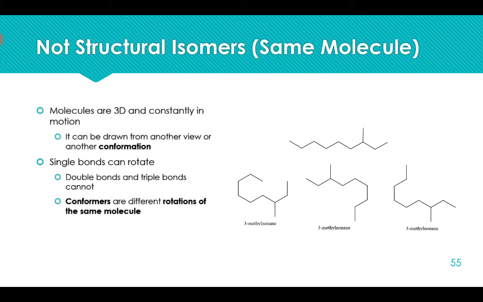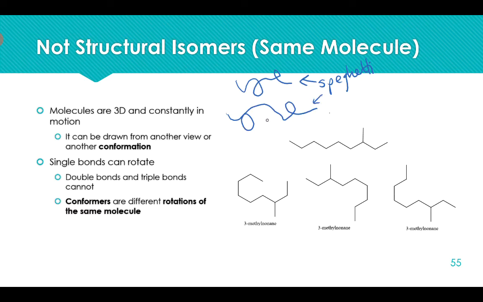But we also have to be wary that not all of our structural drawings do represent different isomers. There's also different conformations of the same molecule. Imagine a piece of spaghetti. I could pick up this piece of spaghetti and drop it, and then it might end up in a different orientation.